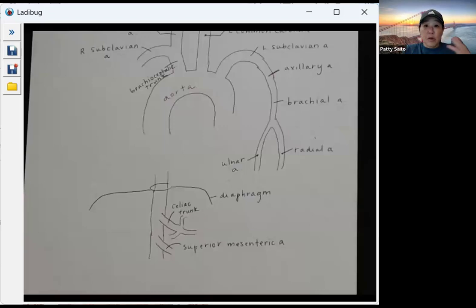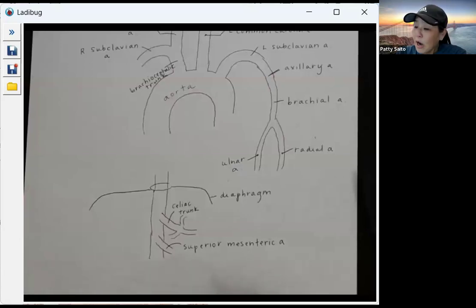Okay, so especially the small intestines, because it's 20 feet of tubing squashed in there, it has to be organized. And so there's this structure that surrounds it and keeps it organized, and this is called the mesentery. The mesentery contains branches off the superior mesenteric artery, which then is going to supply blood to the mesentery, but also to the small intestines as it goes in through the mesentery.